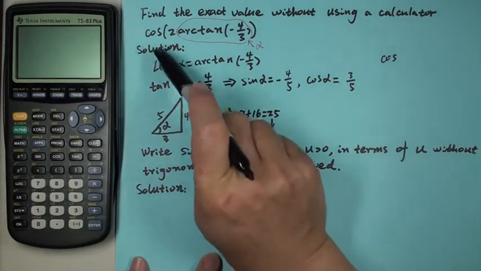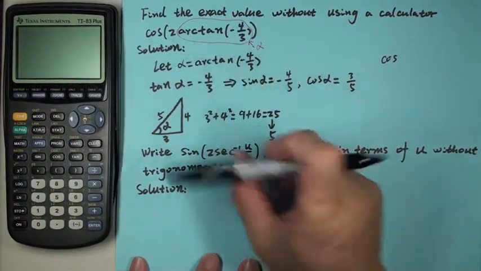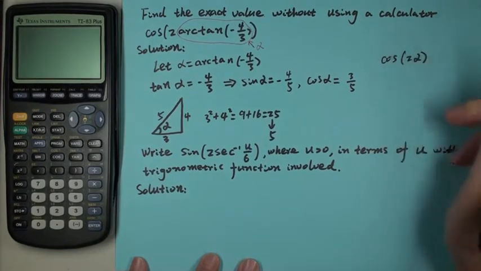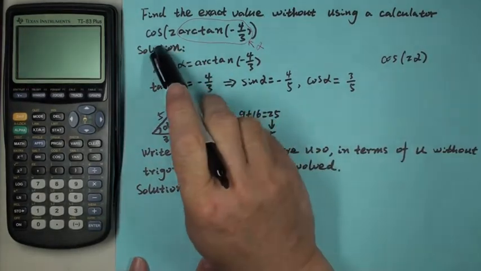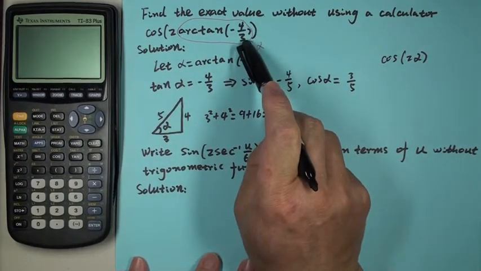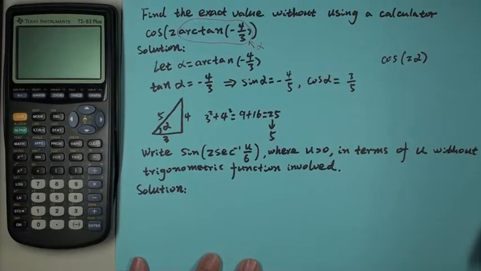Another thing is that cosine of 2 times this one, which is alpha, so you want to write cosine 2 alpha. If you want to find out cosine of 2 arctangent of negative 4/3, you want to find out this. There are two things right here.